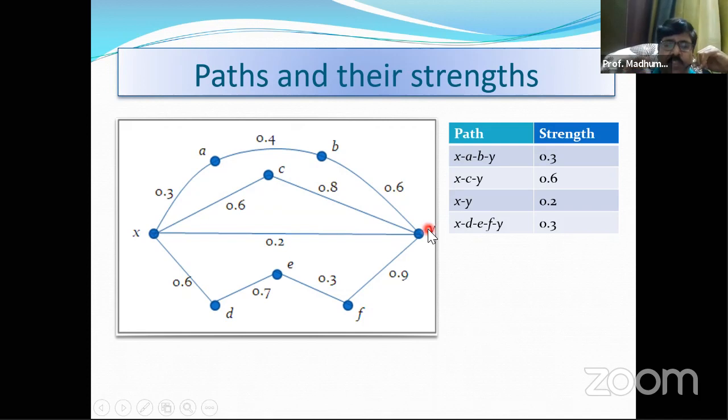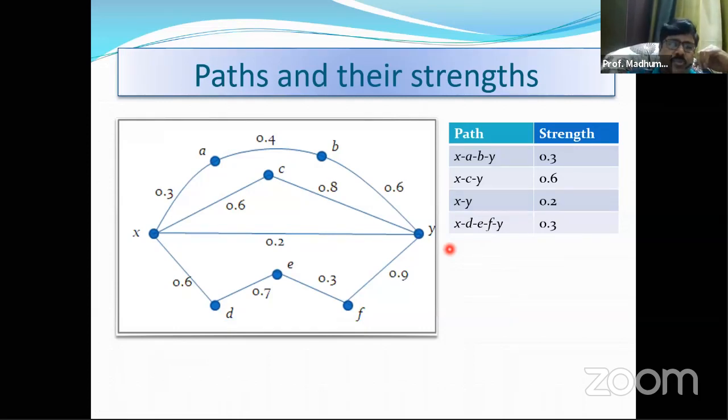The strength of a path means the minimum membership value of its edges. Here the membership values are 0.3, 0.4, 0.6, so the minimum is 0.3, the strength. That means we say that this edge XA is the weakest edge of this path. That means if the membership value is low, then that particular edge is weak.